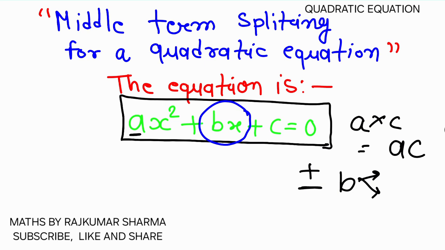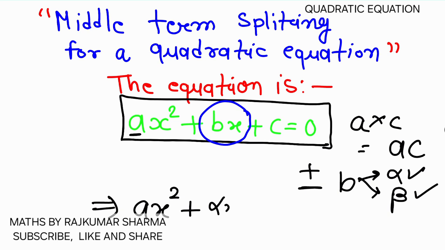So this is the trick. After that, suppose we split b as alpha and beta, in two parts. After the splitting, we write the equation in the format ax square plus alpha x plus beta x plus c equals 0.